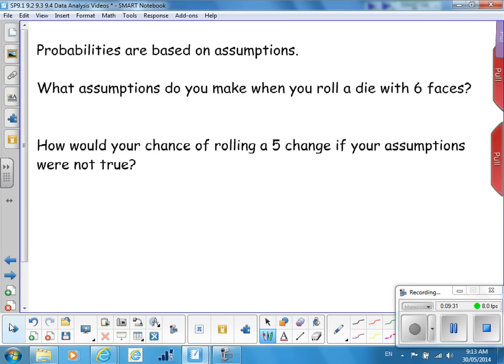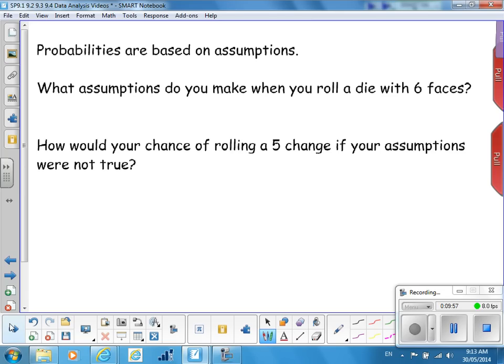Probabilities are based on assumptions. What assumptions do you make when you roll a die with 6 faces? Well, we're assuming that there's a different number on each side from 1 to 6. We're assuming it's not a weighted die. We're assuming you have an equal chance of rolling each of the numbers. So how would your chance of rolling a 5 change if your assumptions were not true?